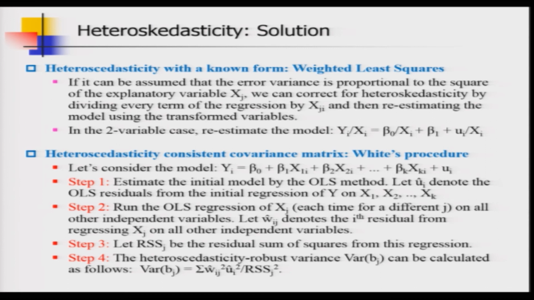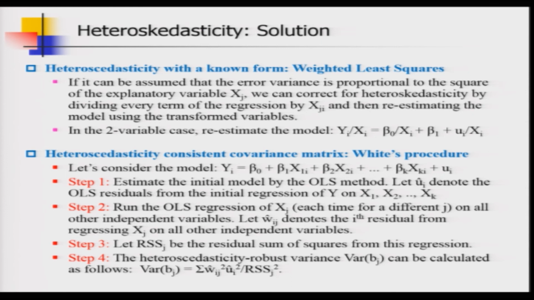Now we note from our assumption that the expected value of u_i squared is equal to sigma squared times x_i squared, because that is the assumption. So x squared i will cancel out from numerator and denominator, and we are left with sigma squared.